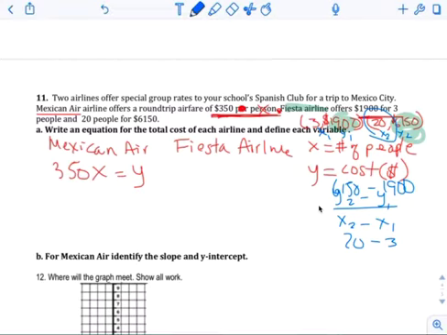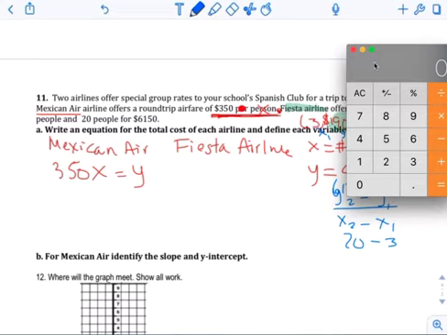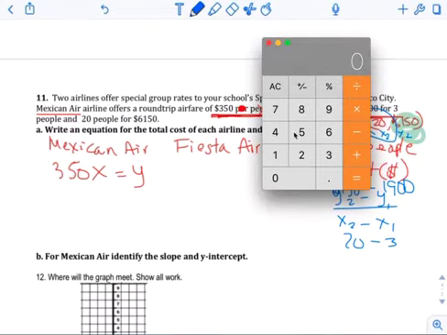So you get, okay, calculator, 6150 minus 1,900 equals, okay, 4250 divided by 17.